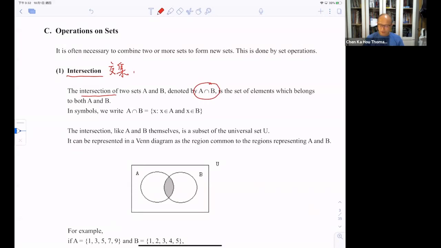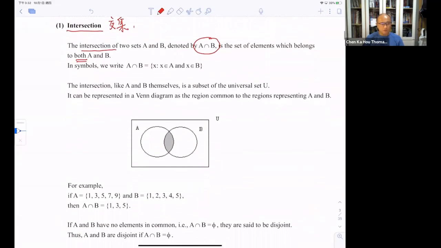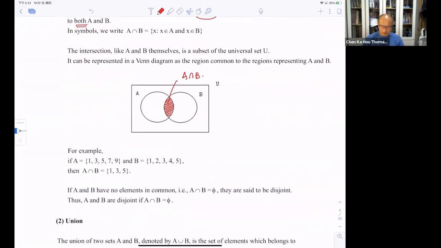It's the set of elements which belong to both A and B. If you use a Venn diagram, this shaded area represents A intersect B. For example, if A is 1, 3, 5, 7, 9 and B is 1, 2, 3, 4, 5, A intersect B, the elements are 1, 3, and also 5.